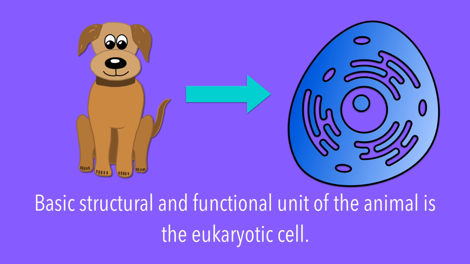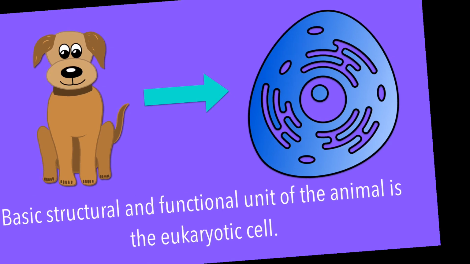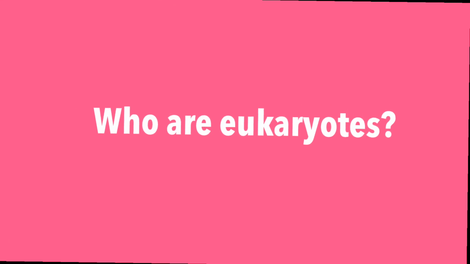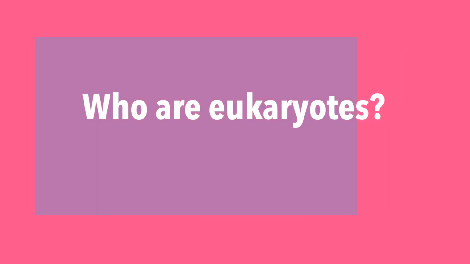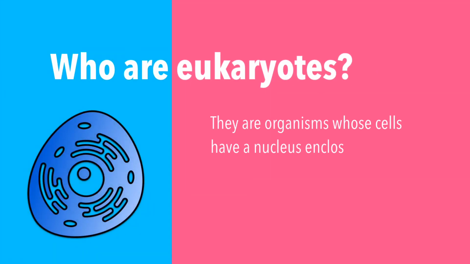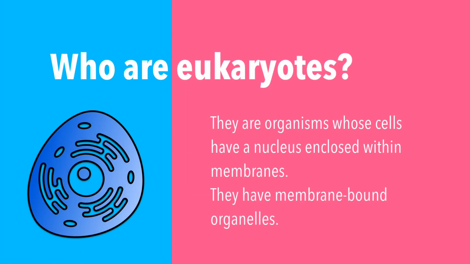So, the basic structural and functional unit of the animal is the eukaryotic cell. Then the next question is, who are eukaryotes? There are organisms whose cells have a nucleus enclosed within membranes. So, they have membrane-bound organelles.